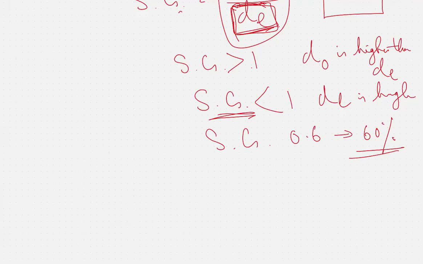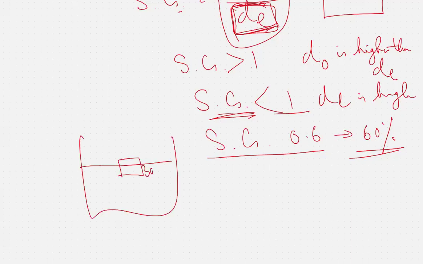So whenever you get a value smaller than 1, you know the liquid density is higher, so the object is going to float, like that, with 0.6 or 60% submerged under the water. This specific gravity ratio can be used to determine what volume is underwater.